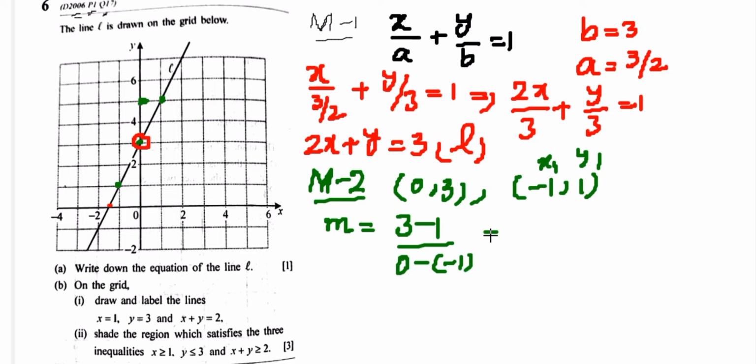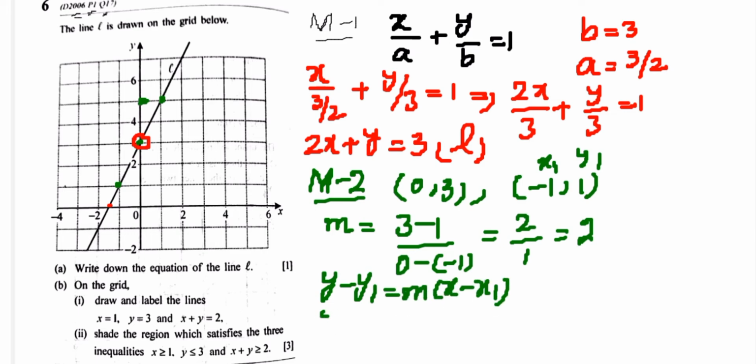This will become 2 by 1. The gradient of the line is 2. By using the slope point form, y minus y1 is equal to gradient times x minus x1. What is y1 here? 1. Gradient is 2. x minus x1, x1 is 0. So your line is y is equal to 2x.